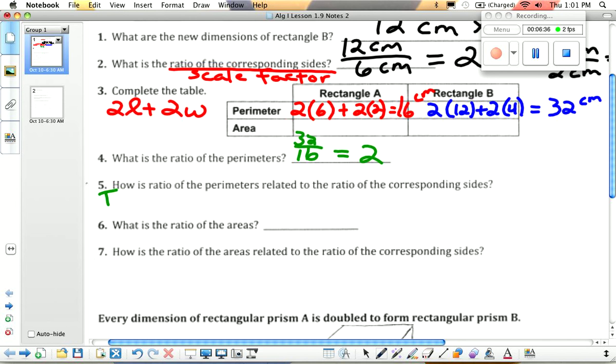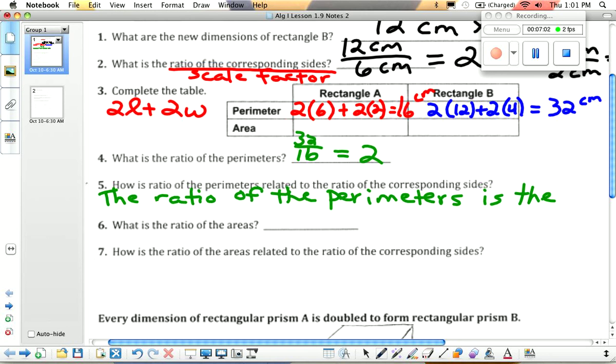The ratio of the perimeters is the same as the ratio of the corresponding sides.